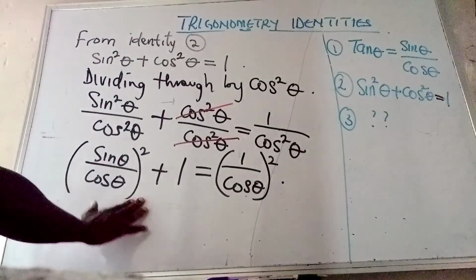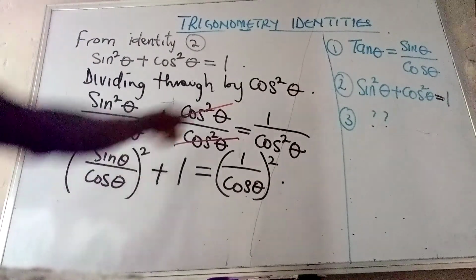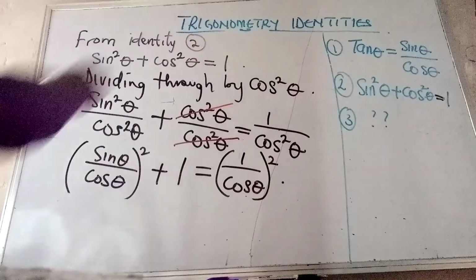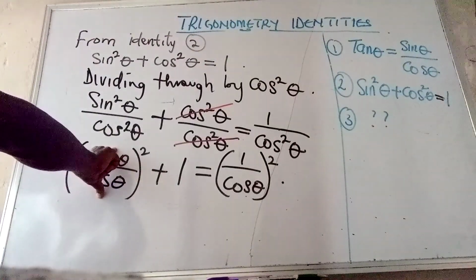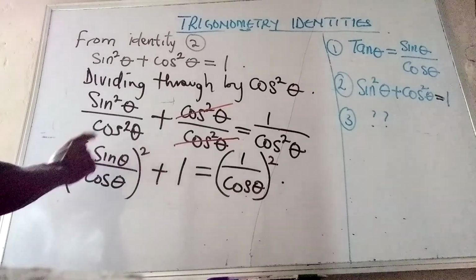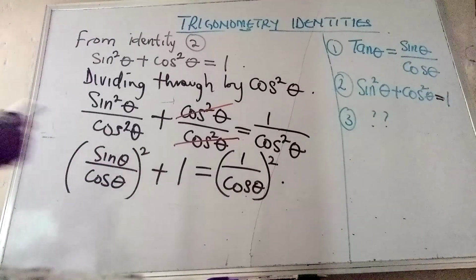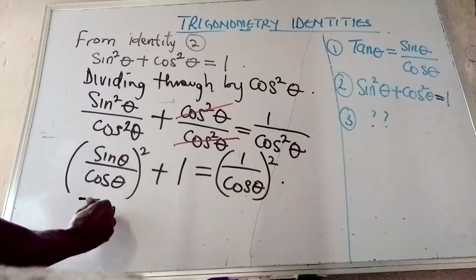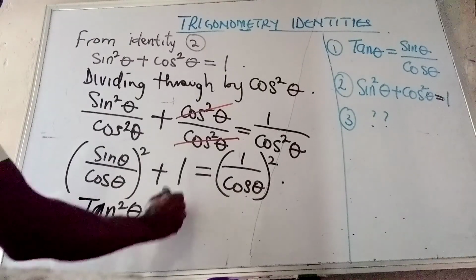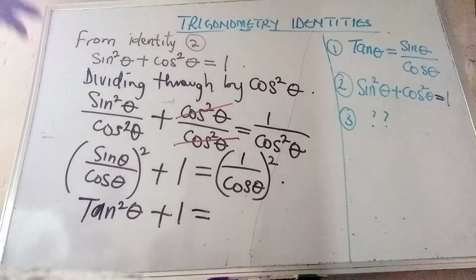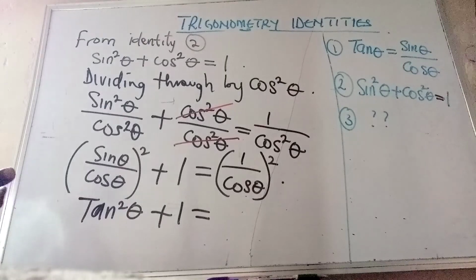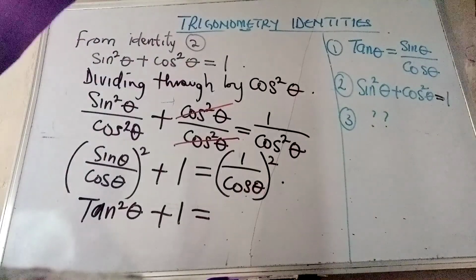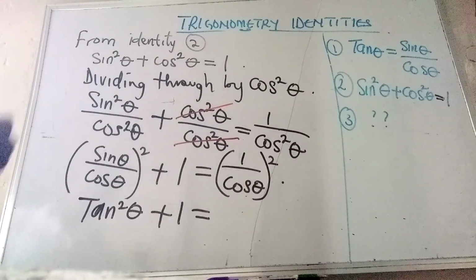Now, sine theta over cosine theta, according to identity 1, is what? Tan theta. That means the whole of this becomes tan theta raised to power 2. That will now be tan square theta plus 1 equals to, according to the 6 trigonometric ratios I gave during the first episode on this topic, I made it known then that 1 over cosine theta is the same thing as secant theta.